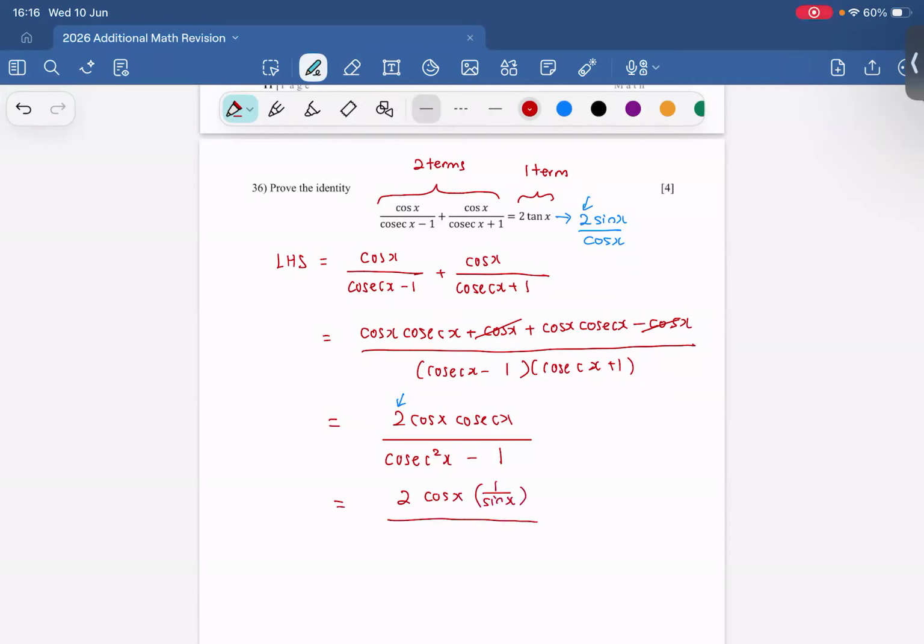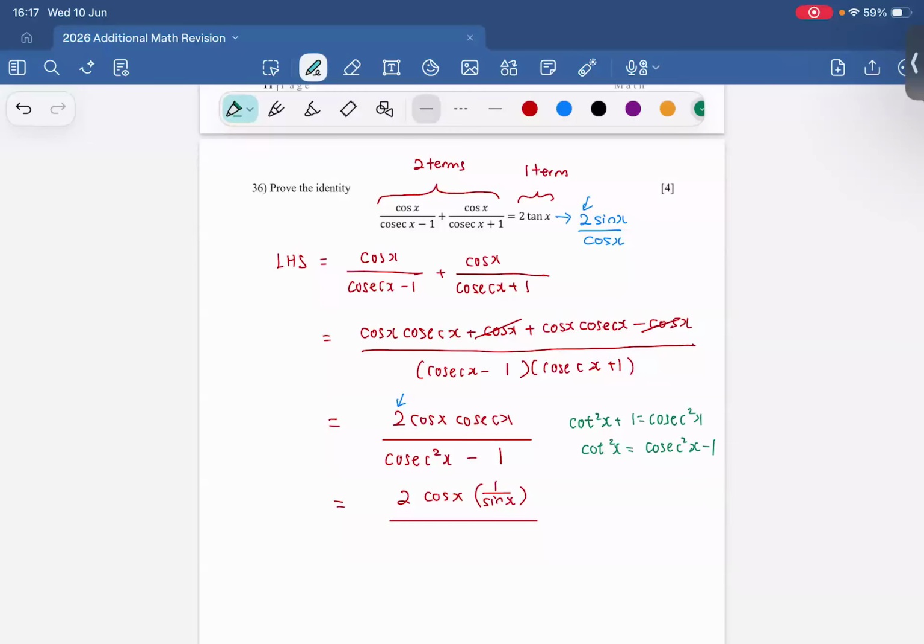Okay, then you can see this is the square. Then you have to check cosecant square and 1. Which identity can I use? So we know that cotangent square x plus 1 is equal to cosecant square x. Cotangent square x will be equal to cosecant square x minus 1.